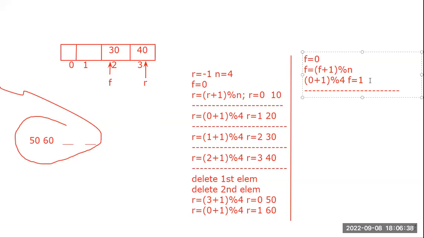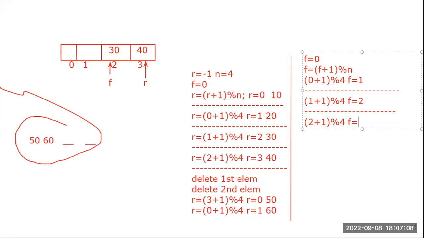Next time I'll consider again 1 plus 1 mod 4. How much will it be this time? 2. Again, you delete the element in second location and go to index number 2. Next time again 2 plus 1 mod 4.